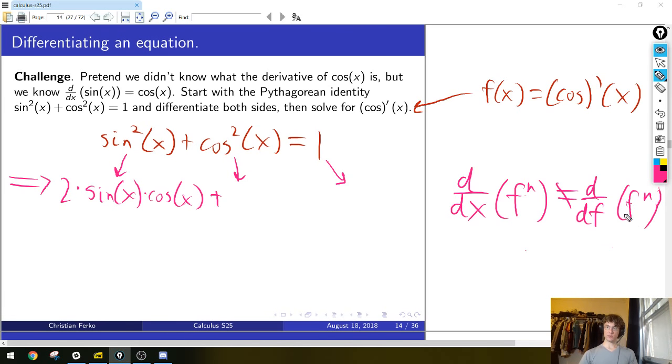You can substitute whatever you like for x, but that doesn't change the derivative acting on that thing on the outside. It just changes the thing on the inside. This thing, d/df of f to the n, is n f to the n minus 1. But that's not the same as d/dx of f to the n. This is n f to the n minus 1 times df/dx, right? So the letter appearing in the derivative you're taking with respect to certainly matters.